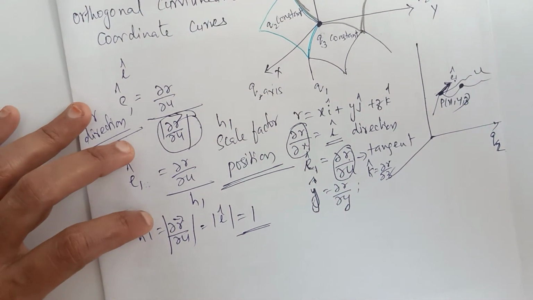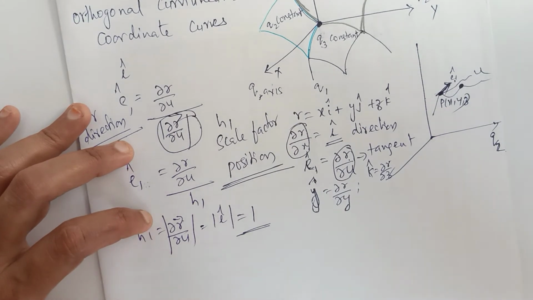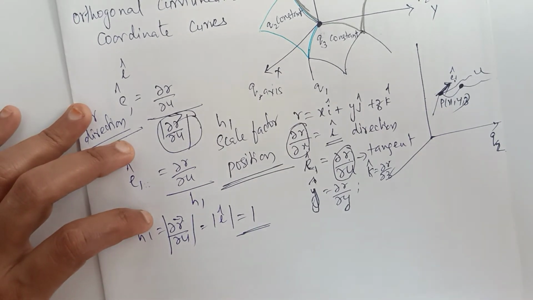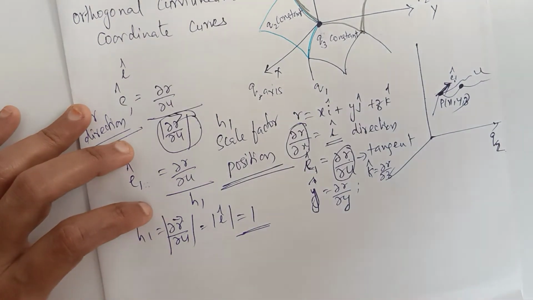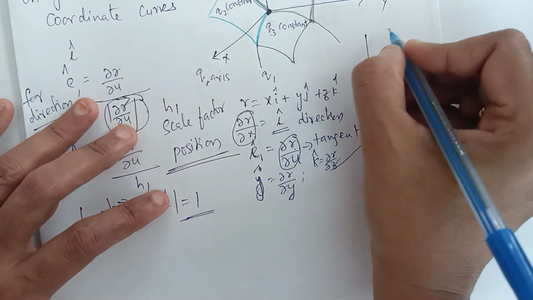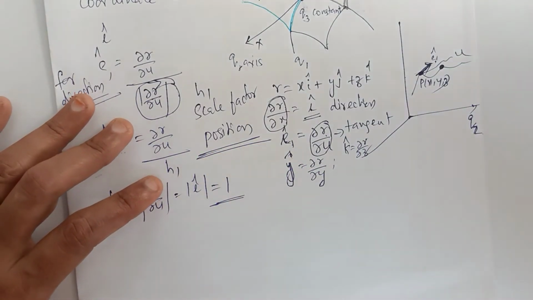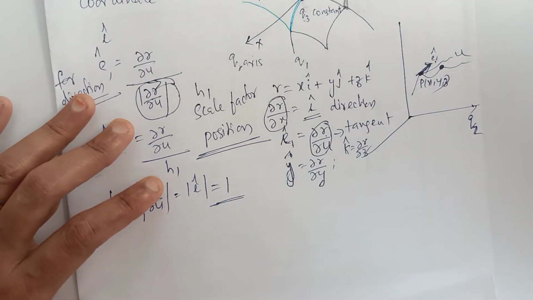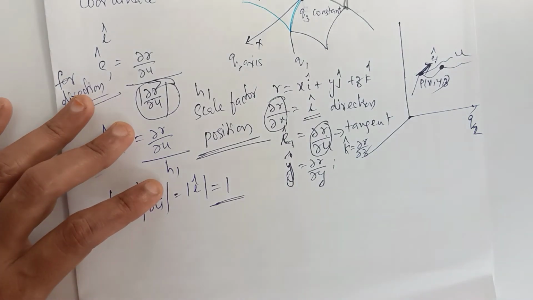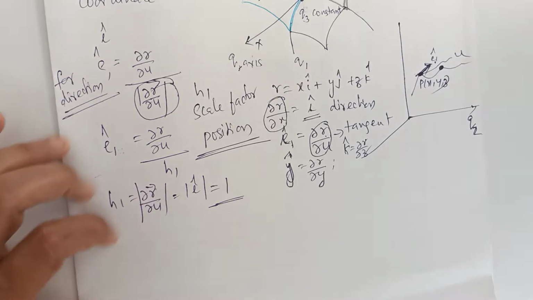Okay, and now let us start with a given point P. Now these are some of the introduction, and we can have an arc length also here. We can have arc length, volume element, and surface element. Volume element is actually the volume of the parallelepiped, that is A dot B cross C, which we have already studied. So this is some introduction about orthogonal curvilinear coordinates.